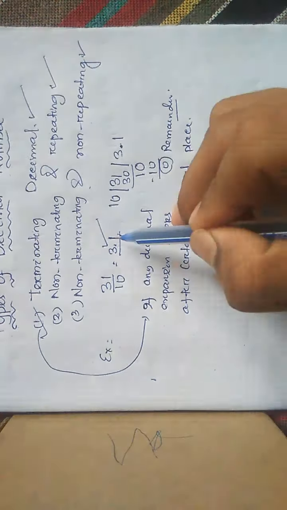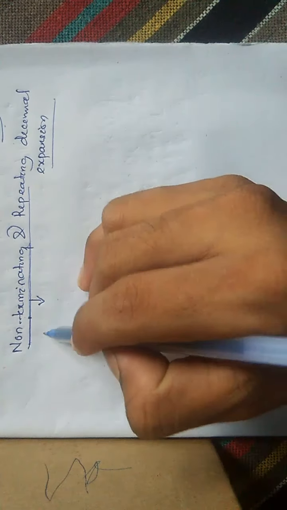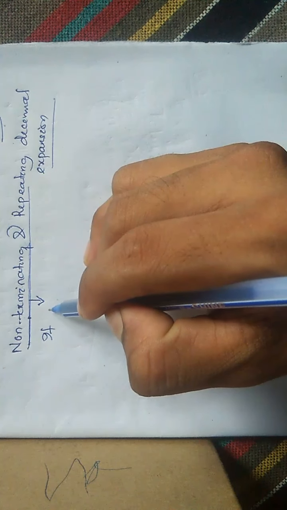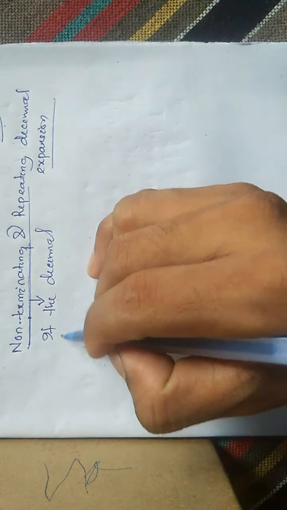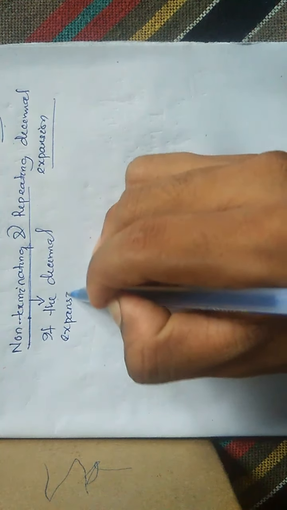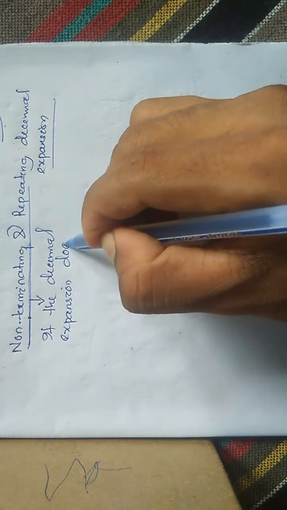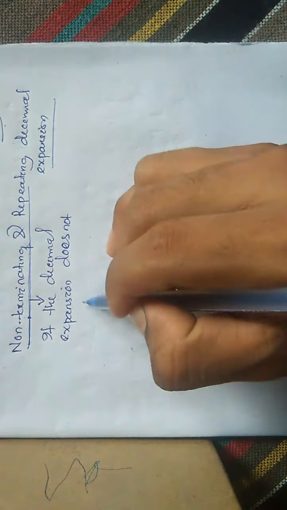Now it is clear. Okay, so let us talk about the non-terminating and repeating decimal expansion. Here are two terms. The first term is non-terminating. As we know, the meaning of terminating is if a decimal expansion stops, and non-terminating means if it doesn't stop. Okay, if the decimal expansion doesn't stop, then it is known as non-terminating.